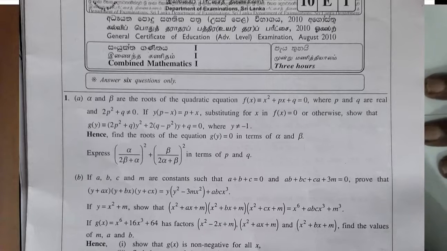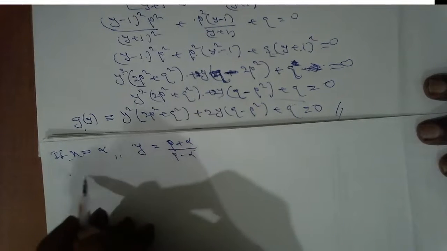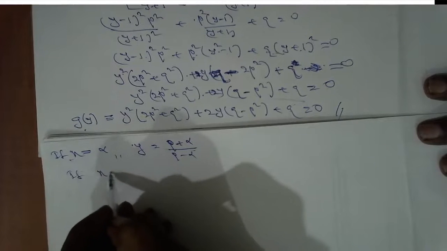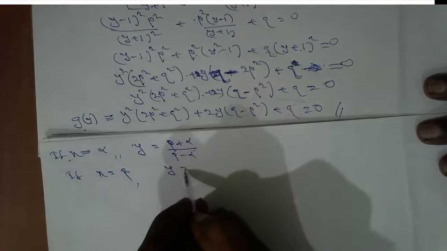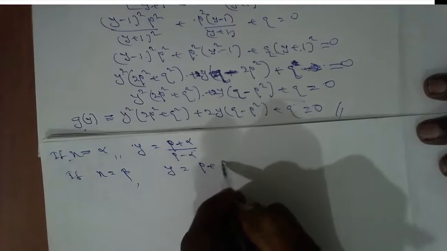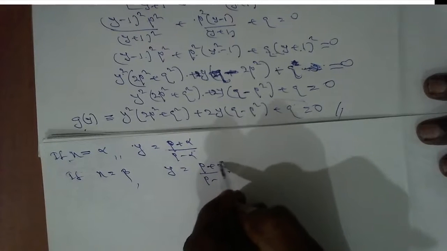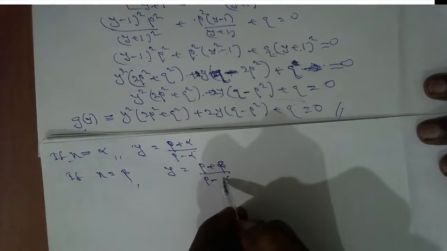So you put the relationship. If x equals alpha, what is y? y equals p plus alpha over p minus alpha, right? If x equals alpha, then y equals this one. If x equals beta, what is y? y equals p plus beta over p minus beta.